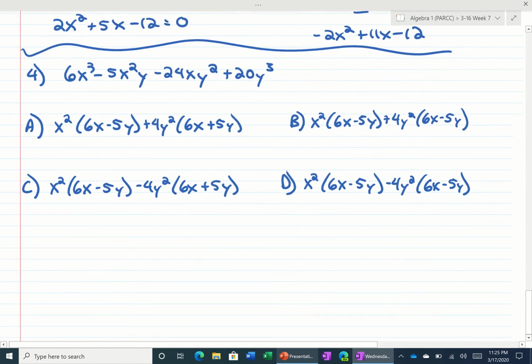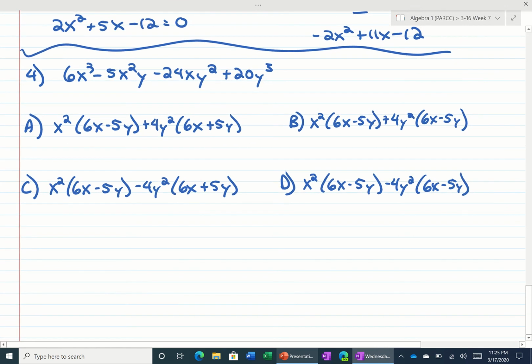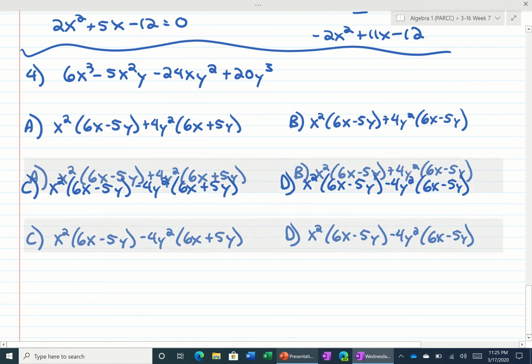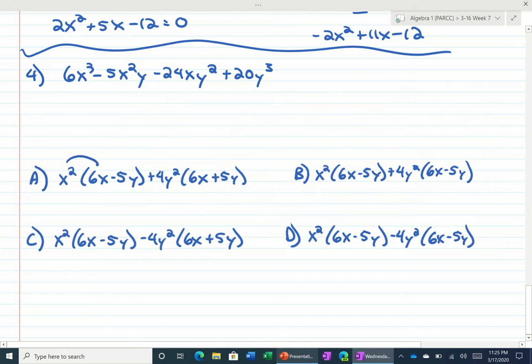Now we could do a problem like this a couple of different ways. One thing we could do is absolutely distribute, just like we did before, and see which answer choice gives us the same thing as the original. You'll have plenty of time to do that.